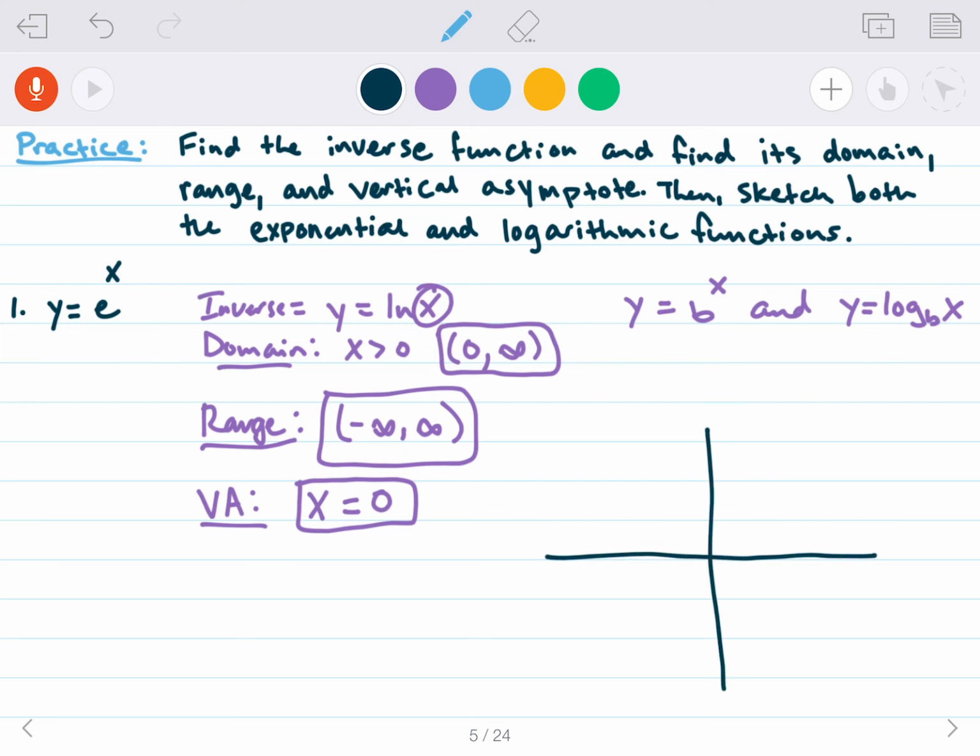So with the exponential function, or actually let's do the log first. So again, the vertical asymptote is at x equals 0. So that's that green dashed line. And then, to get another point on this thing, let me do a little t-chart here. We have x and we have ln of x. And we already took care of the asymptote. When x is 0, the output is undefined.